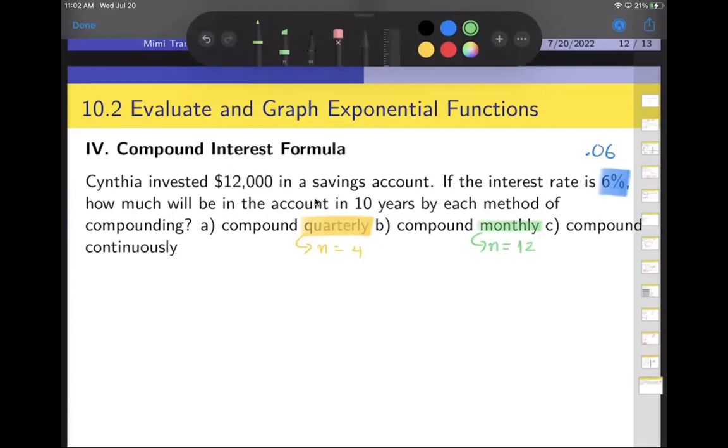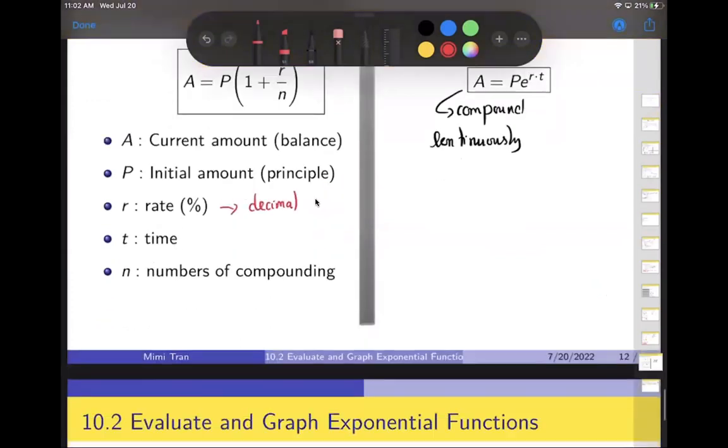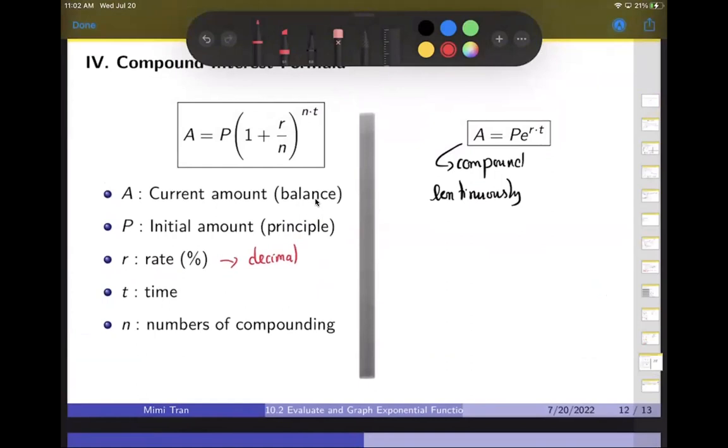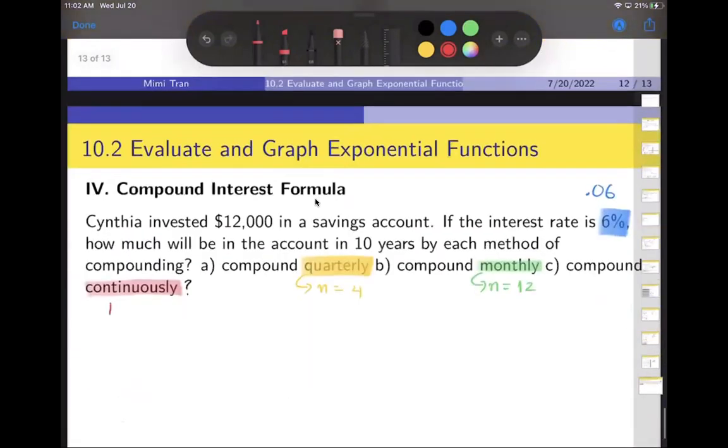And compound continuously, question mark. That means you're going to use the different formula, right? If they give you the number of compounding, you use the left formula. If they say continuously, you jump right to the right formula. So you're going to use PERT. I call it PERT, P-E to the R-T.